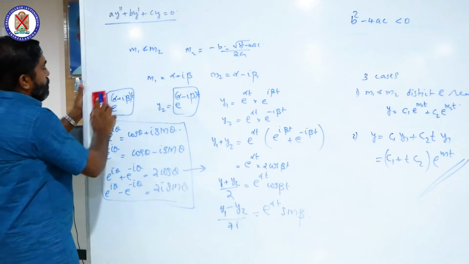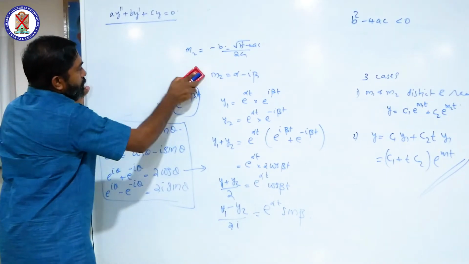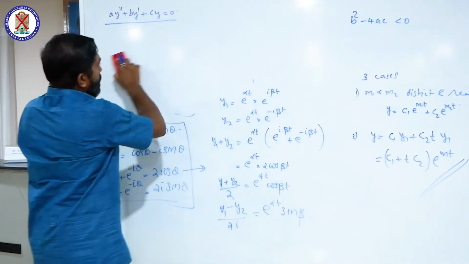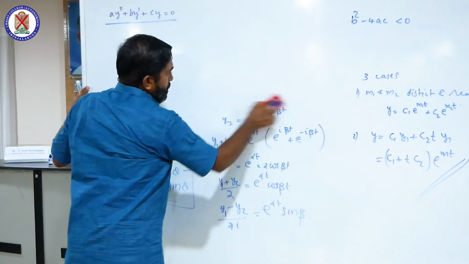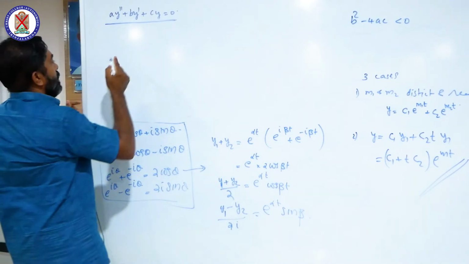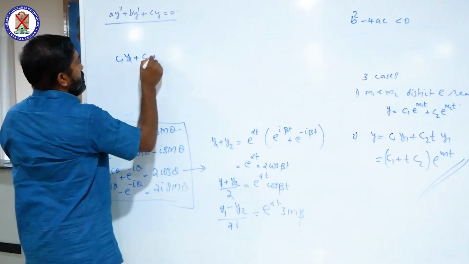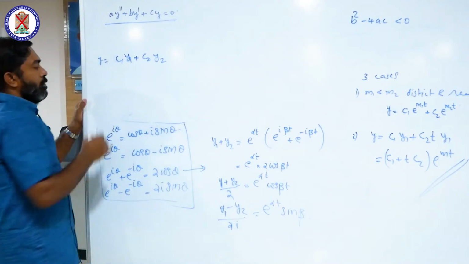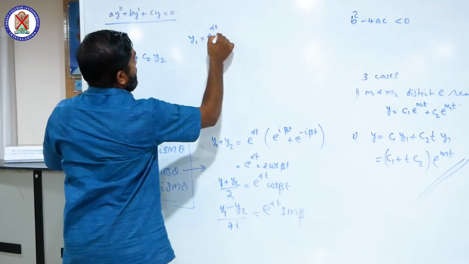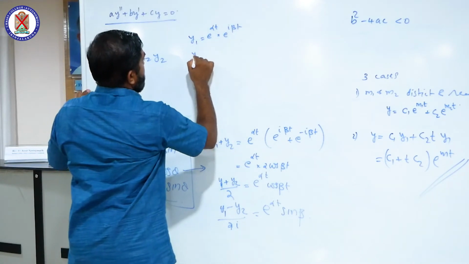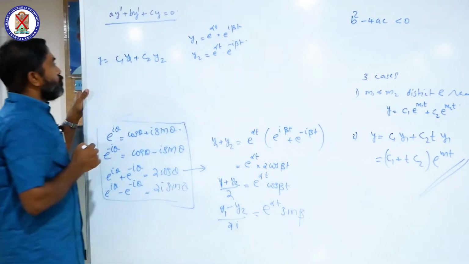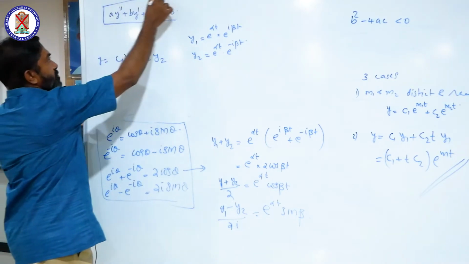Okay, now what was the principle of superposition? The principle of superposition states that if y1 and y2 are any two solutions of a homogeneous linear differential equation, then every linear combination, y1 plus y2 or c1 y1 plus c2 y2, is again a solution. So here y1 equals e raised to alpha t into e raised to i beta t, and y2 equals e raised to alpha t into e raised to minus i beta t. These are two solutions of the given homogeneous differential equation.